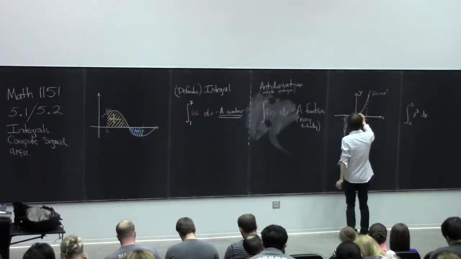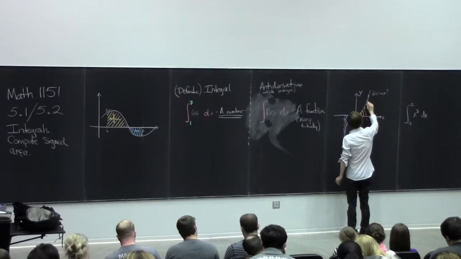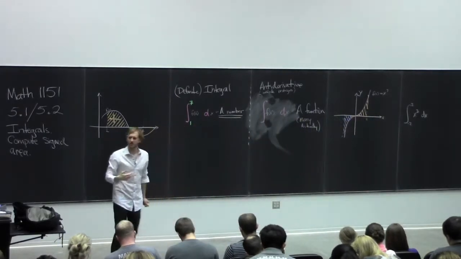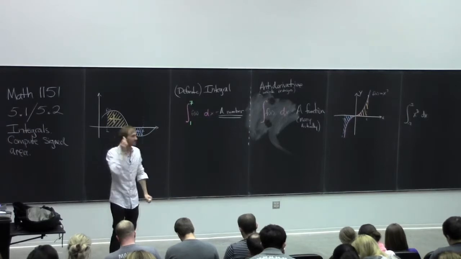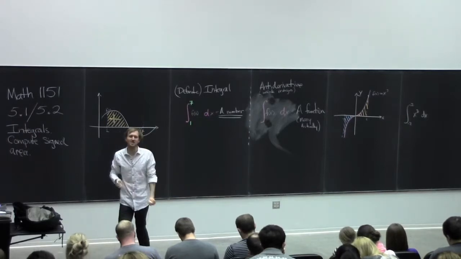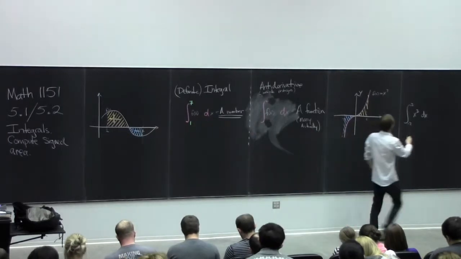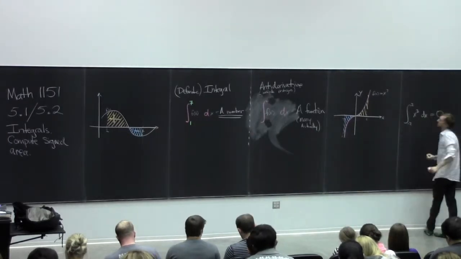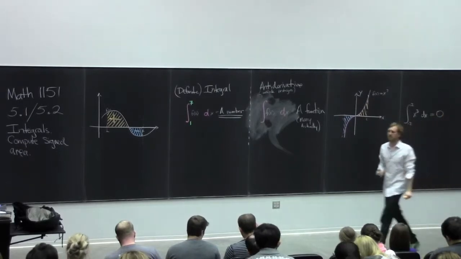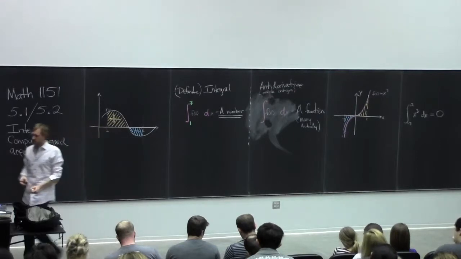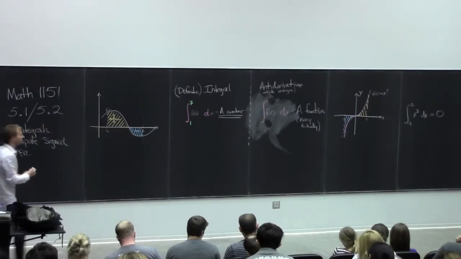And there's the positive area, right? You guys good with that? Oh, what's the integral going to be? 0. The areas are exactly equal. So this one's equal to 0. So knowing nothing but integrals compute signed area, we could do that one.